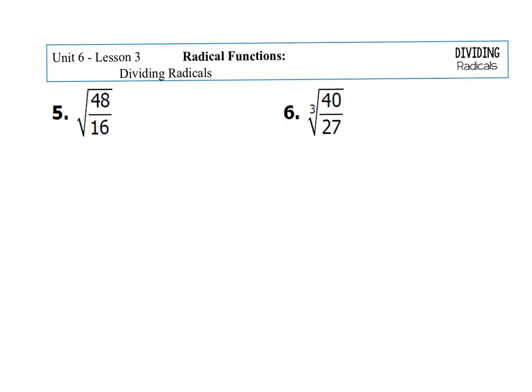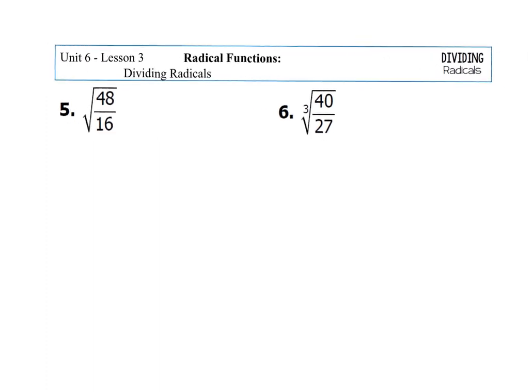Okay, on these next few examples, 5 through 8, we have a little bit different way to solve. So we'll go over that. On number 5, notice our radical, the square root, goes over the whole fraction. And that's okay. It means the same thing as what we did in the first 4 problems. We have the square root of 48 over 16. And I would still check, does 48 divide by 16?